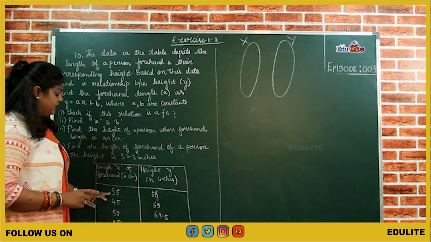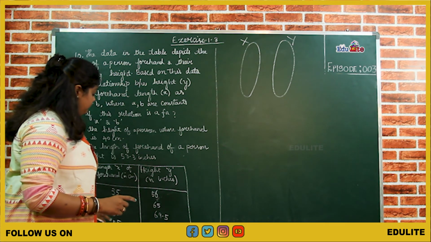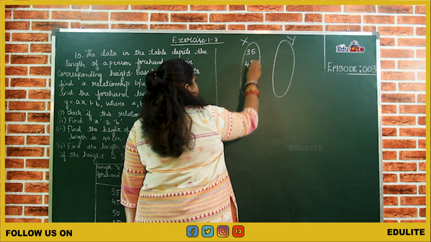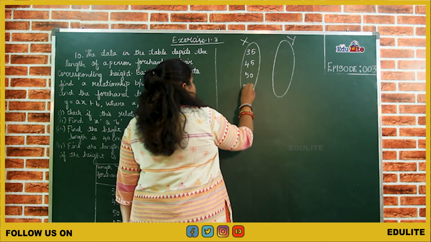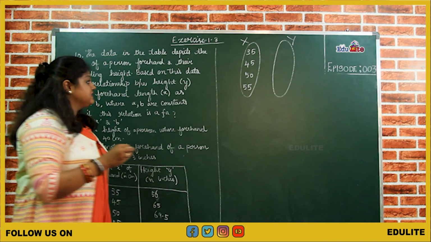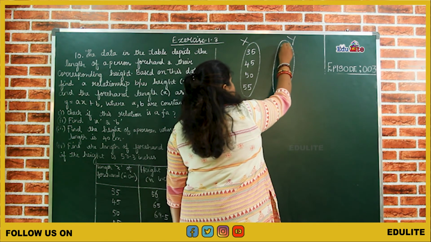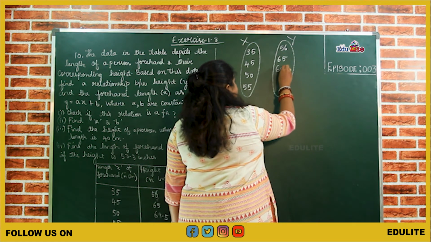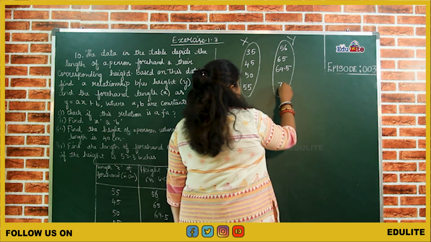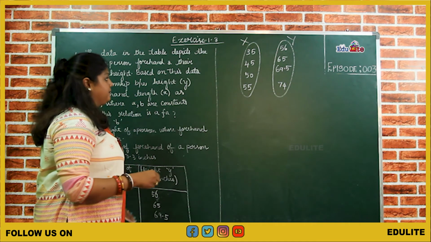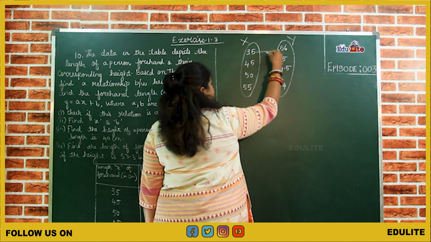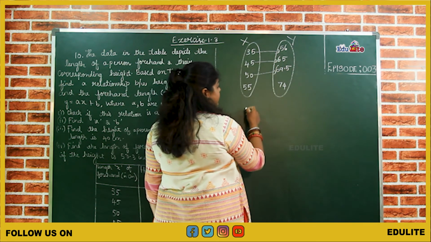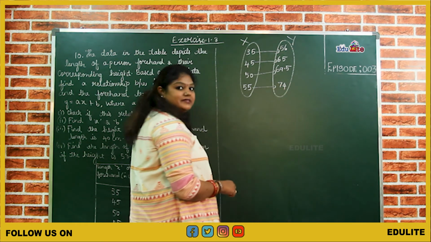In x the values are given as 35, 45, 50, 55, and in y it is given as 56, 65, 69.5, 74. So according to the table, 35 is mapped to 56, 45 is mapped to 65, 50 is mapped to 69.5, 55 is mapped to 74.